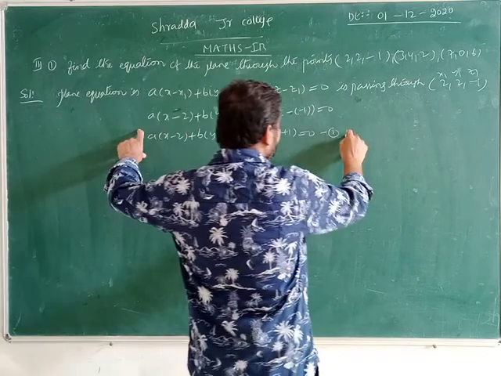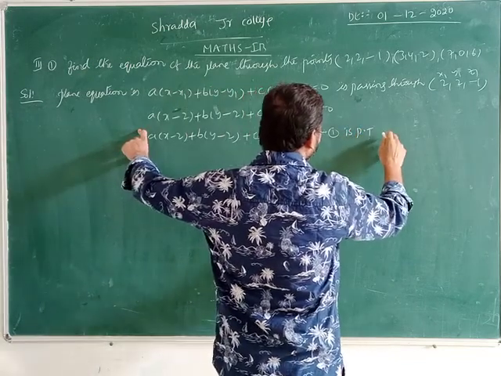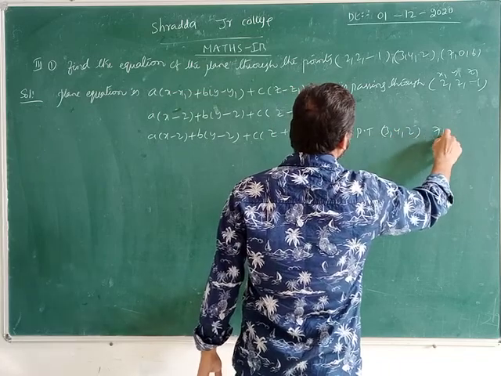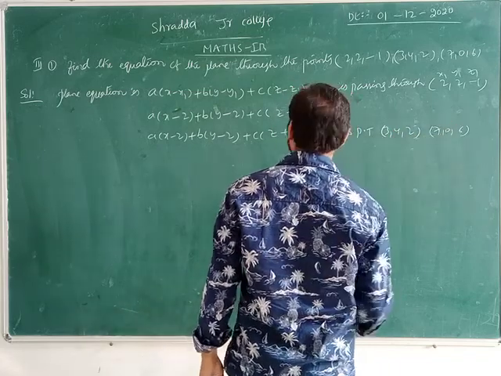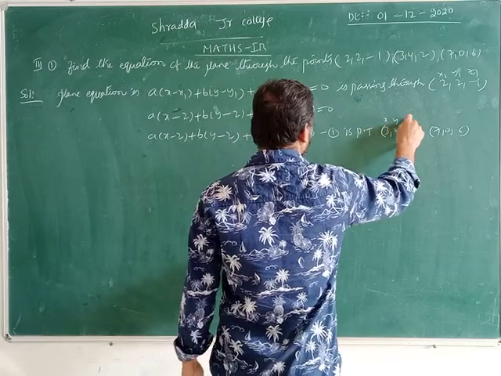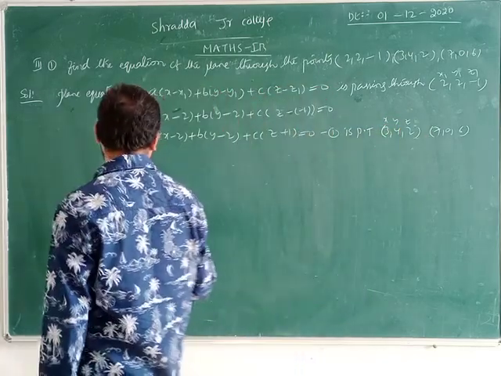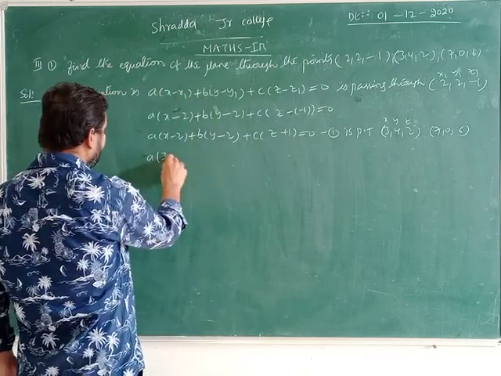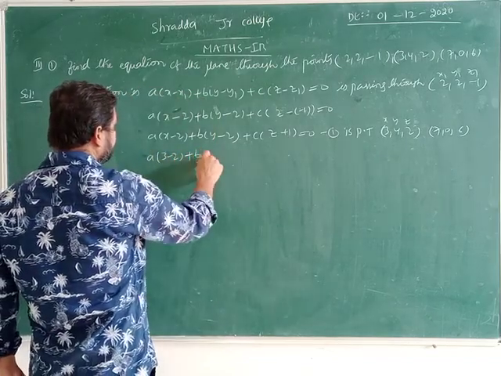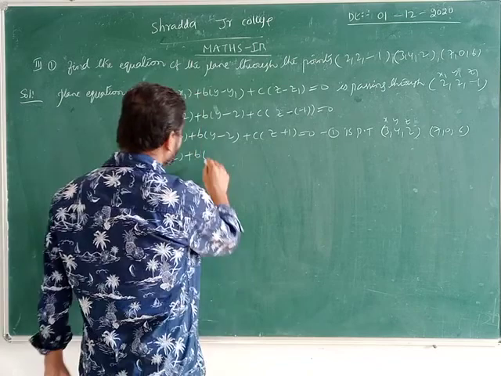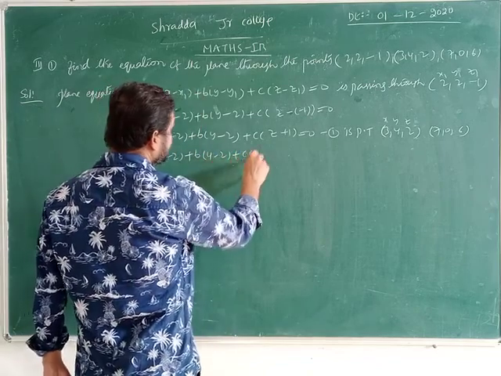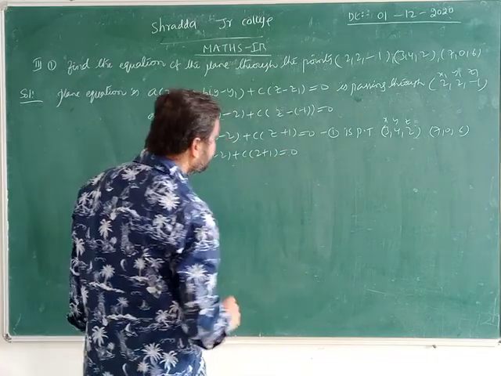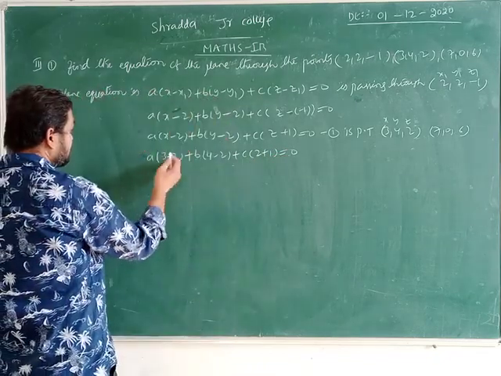Now this is passing through points, that is 3, 4, 2 and 7, 0, 6. Take the first point, then what we are getting here, A into, what is x value? 3 minus 2 plus b into, what is y value? 4 minus 2 plus c into, what is z value? 2 plus 1 equals to 0. 3 minus 2 is nothing but 1.